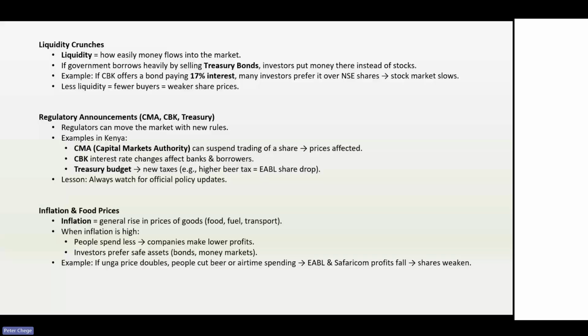Then after some time, they decided, instead of us doing this manual process, let's automate this trading. Brokers themselves formed NSE, and now we started trading at NSE. So NSE used to be owned wholly by the brokers. They're the ones who formed NSE.